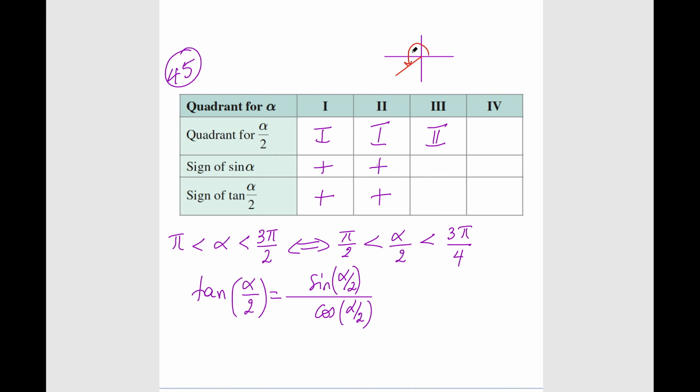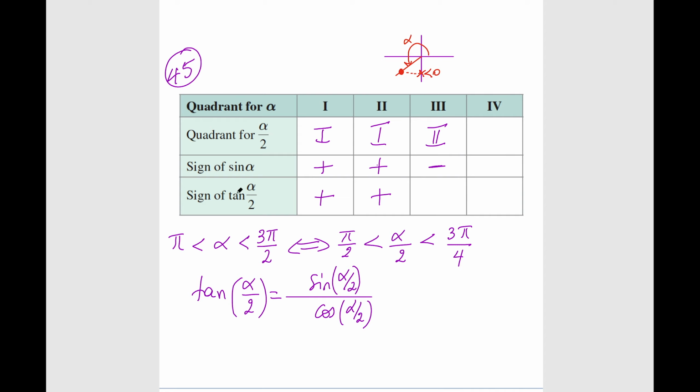And so this is such an angle alpha in quadrant 3. The sine of such an angle, so the terminal point is here, the sine is going to be negative, right? So that's going to be negative then.